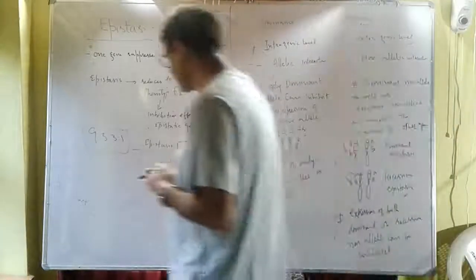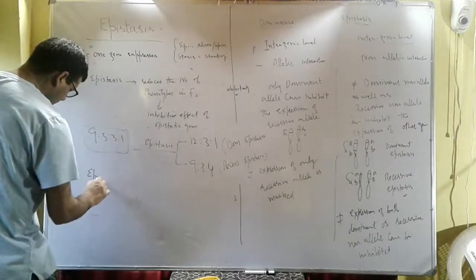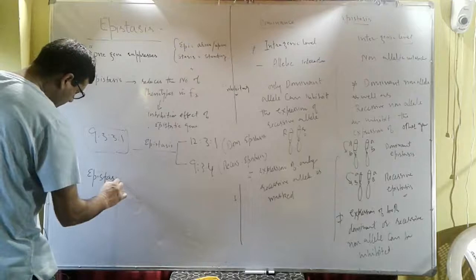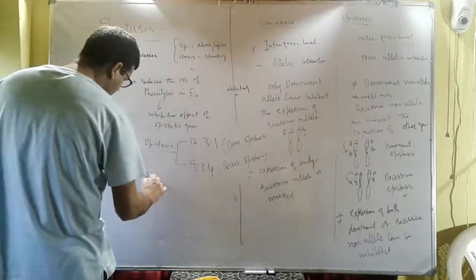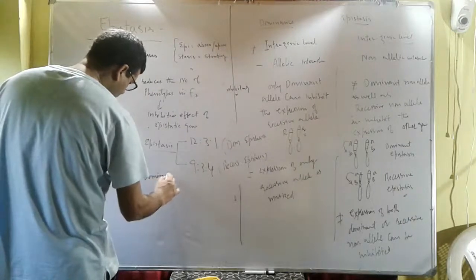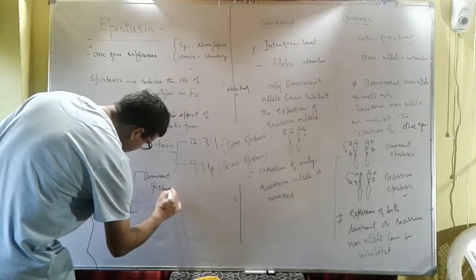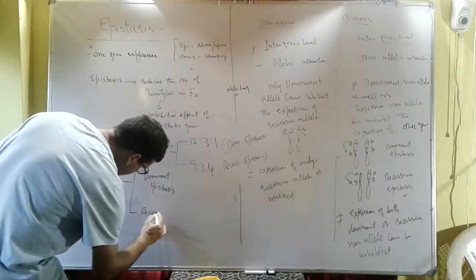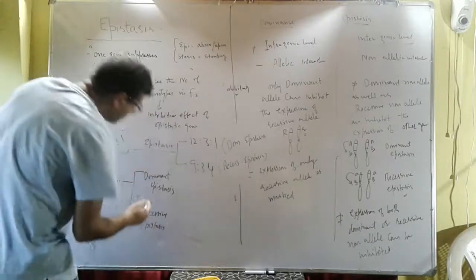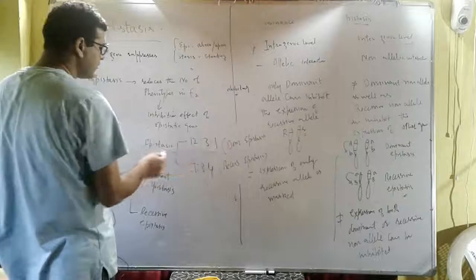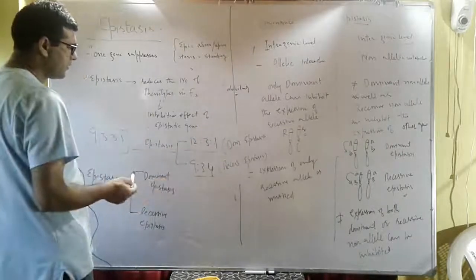So epistasis is of two types. One is called dominant epistasis, and the other is recessive epistasis. In case of dominant epistasis, the ratio is 12:3:1, and in case of recessive epistasis, the ratio is 9:3:4.